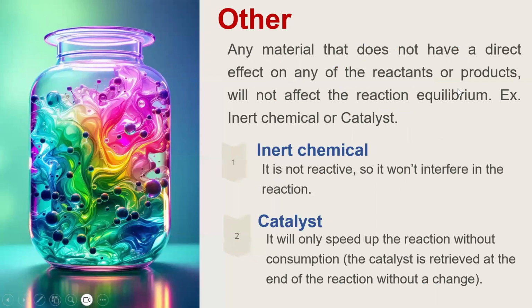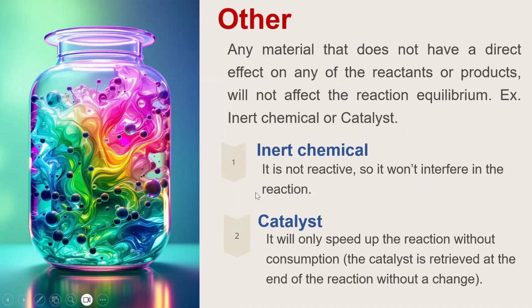What are other factors? We have other factors that can affect a reaction, but they have no effect on the equilibrium of the reaction, like using an inert chemical or a catalyst.